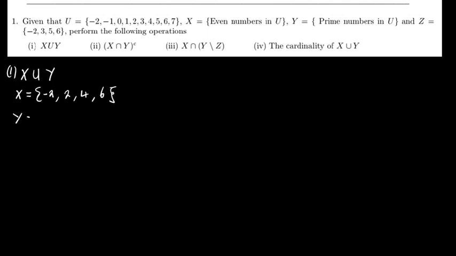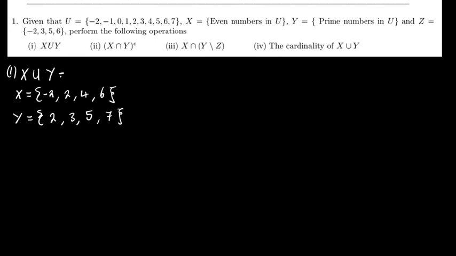These are numbers which are divisible by 1 and itself. So of course we know that we are going to start from 2, then of course we have 3, then we have 5, then of course we have 7, only divisible by 1 and itself. Alright, so we can now perform the set operation X union Y.